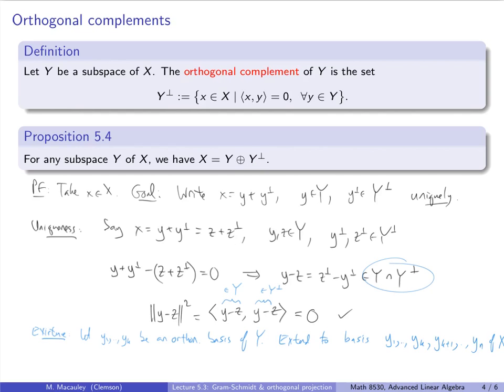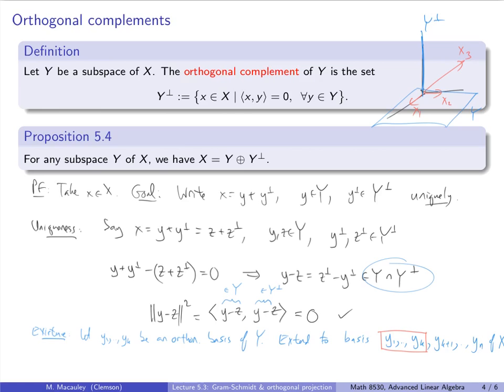Now we cannot guarantee that this yk plus 1 up to yn is necessarily going to even lie in Y perp. So as a guiding example, let's suppose we have x1 here in R3, x2 here, and suppose x3 is off in that diagonal direction. And so the orthogonal complement of the xy plane Y is the z-axis, and x3 doesn't lie in there. But what we can do is take these remaining vectors and apply the Gram-Schmidt process. So given these first k vectors, we have a partially completed Gram-Schmidt process.